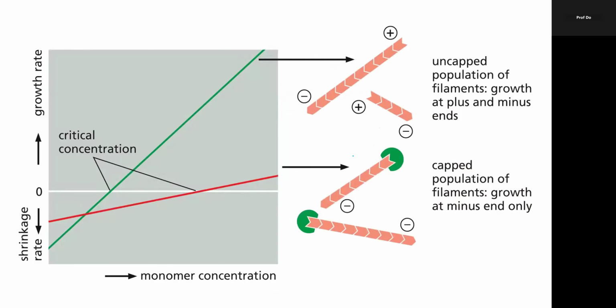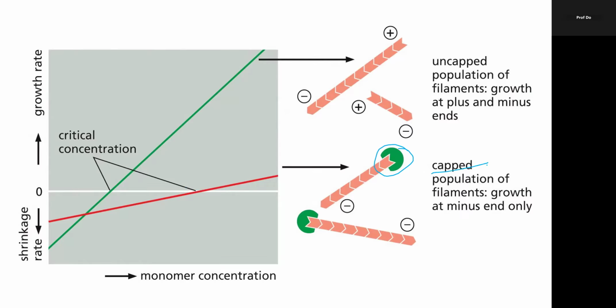And again, depending if you have a cap, it's going to maintain the growth rate, or it's going to maintain the GTP or ATP subunits for a much longer time.